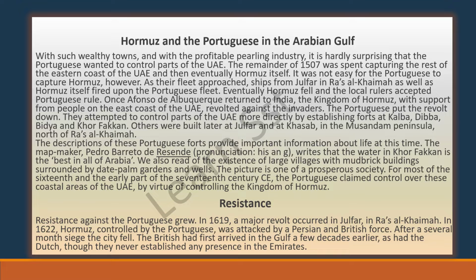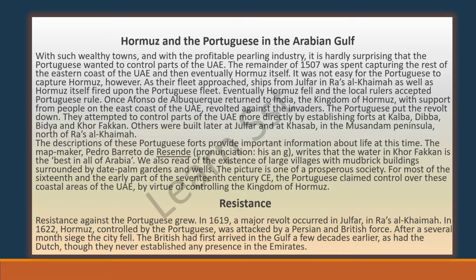The remainder of 1507 was spent in capturing the regions, the eastern coast of the UAE, and then eventually Hormuz itself. It was not easy for the Portuguese to capture Hormuz. As their fleet approached, the ships from Zulfar in Ras Al Khaimah as well as from Hormuz itself fired upon the Portuguese fleet.